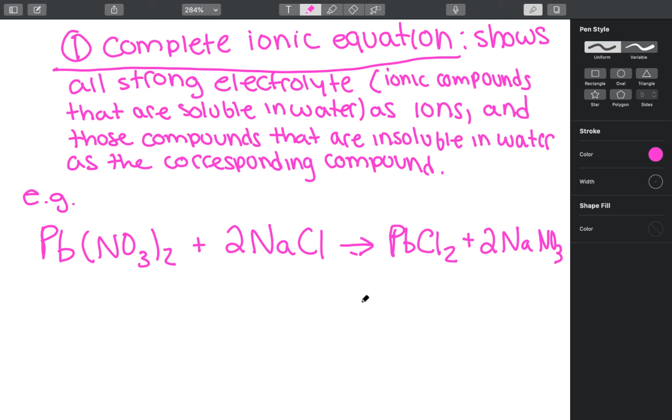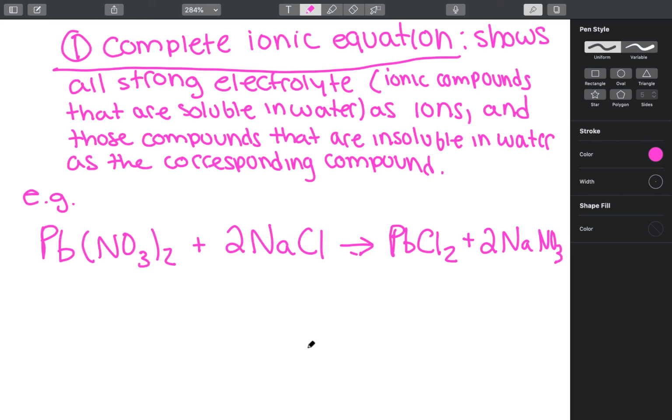Now, you'll notice here that I did not put any subscripts indicating the phases. So what I would like you to do is to look in your general chemistry textbook and use the solubility guidelines to determine which of these compounds will be soluble in water, and come back when you do so.